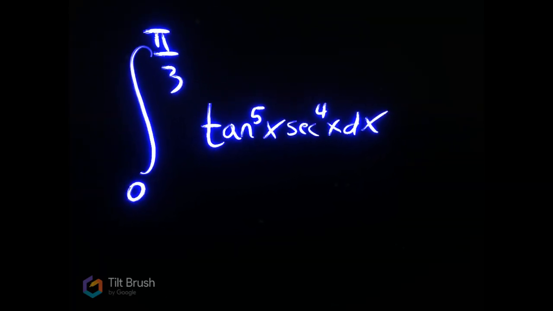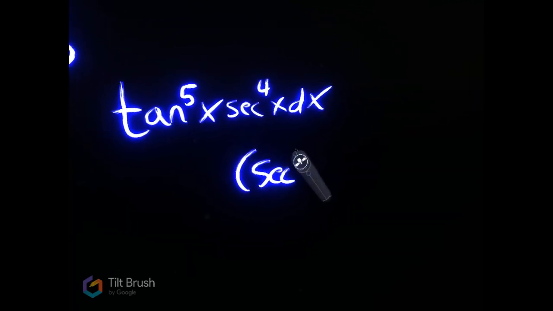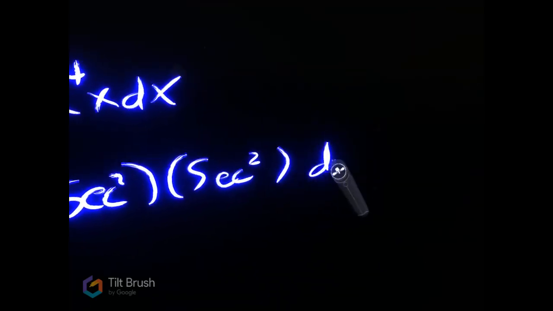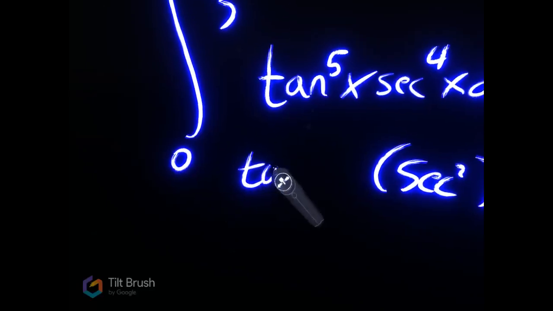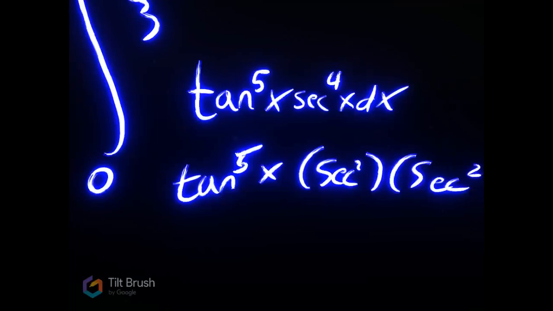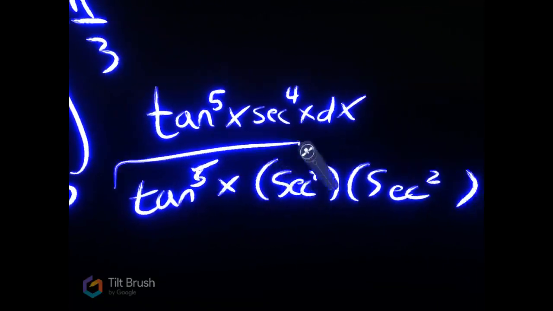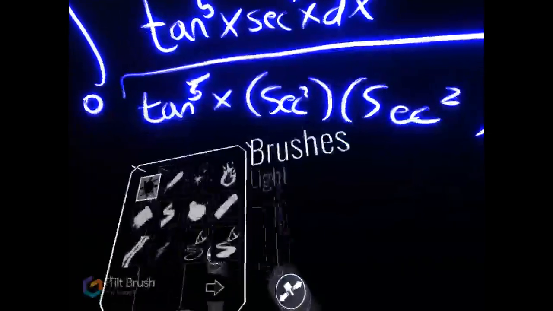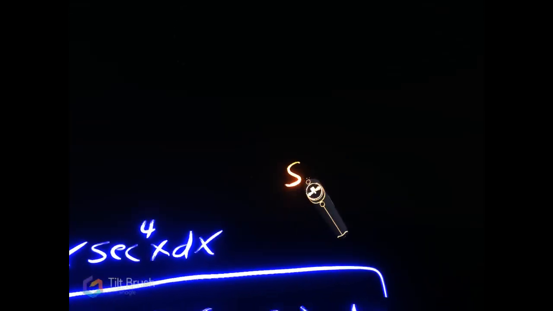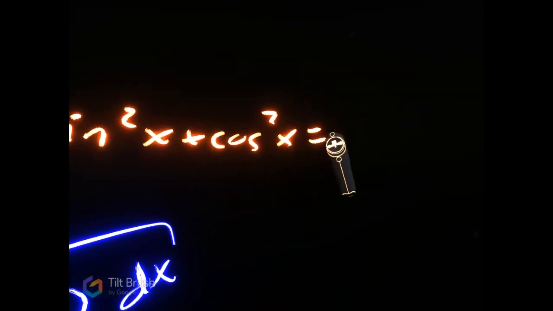Well, seems to me we're going to do something along the lines of secant. We have a secant squared times a secant squared, and we're going to put everything in terms of tan. It's a 5. So I broke it up into this. If we remember the identity, I can't remember right now, so I'm going to do sine squared x plus cos squared x equals 1.